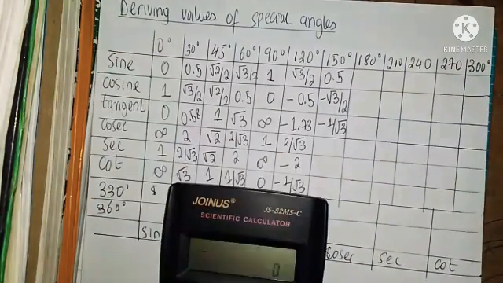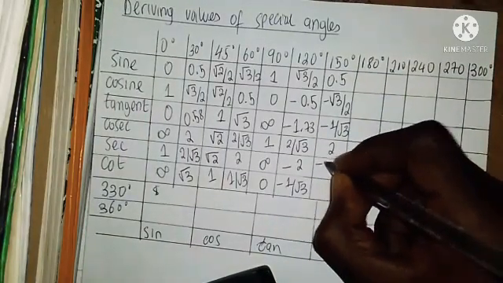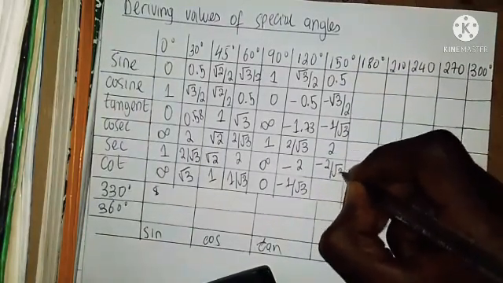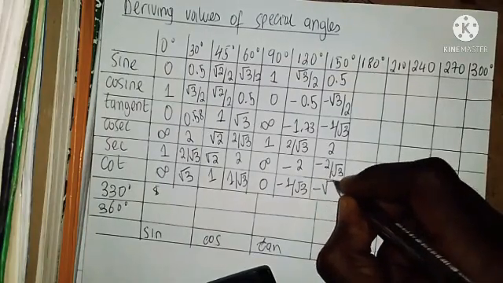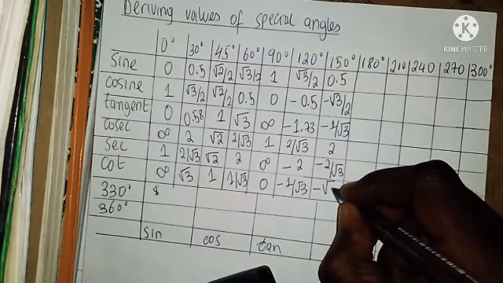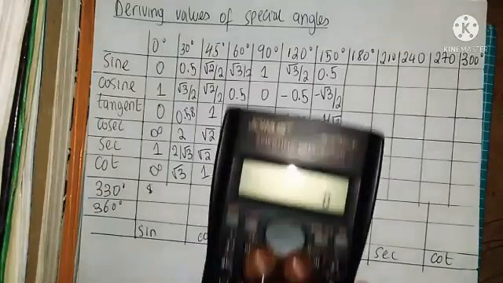And here we want to have the value of negative 2 on square root of 3, and here negative root 3. Okay, so we'll move now to 180.